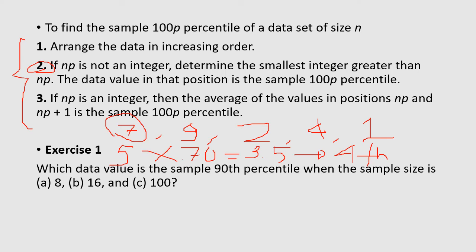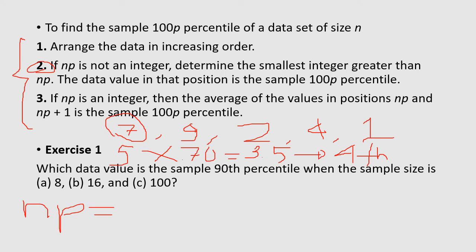Again, there is no data, but we can always figure out which data value is the sample 90th percentile just by looking at the sample size and the percentile that we are interested in. And then when we have the data, we can just go to the data set and see which position is the 90th percentile. But first, we have to figure out the np first, n times p.